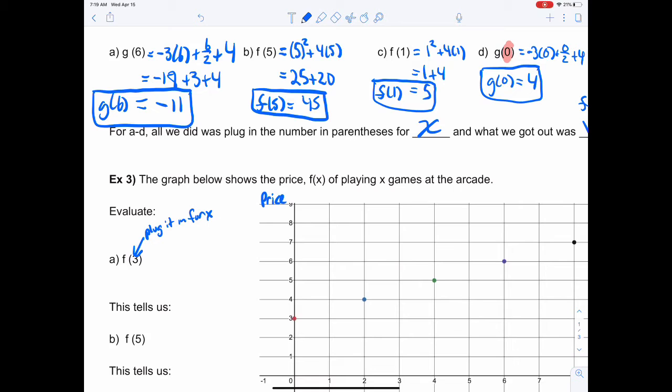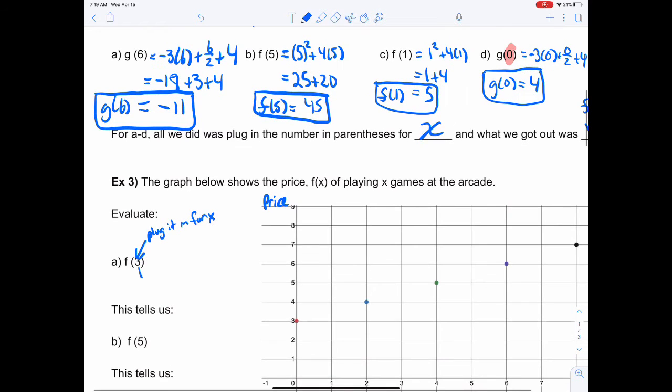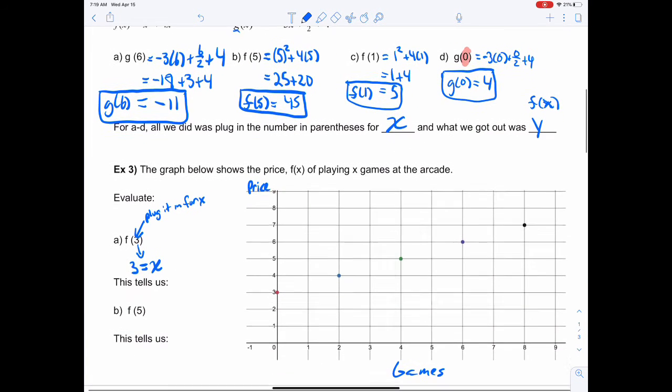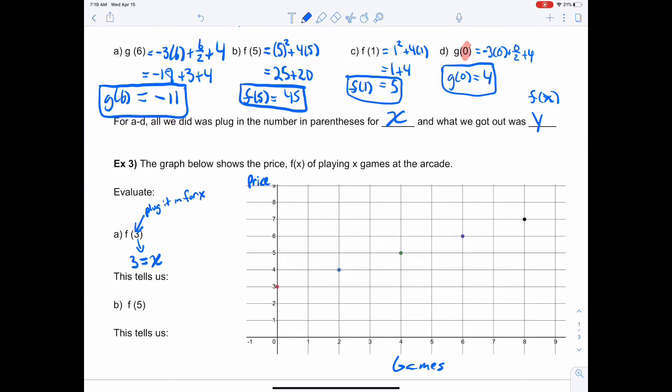So what that must mean is that the 3 equals x. So we'll go to our graph where x is 3, and there's no point there, of course. But if you follow the line, it would really be like right there. So that's going to equal 450.